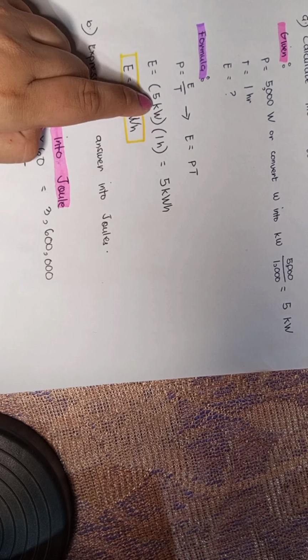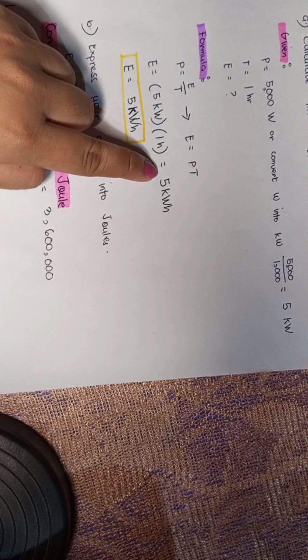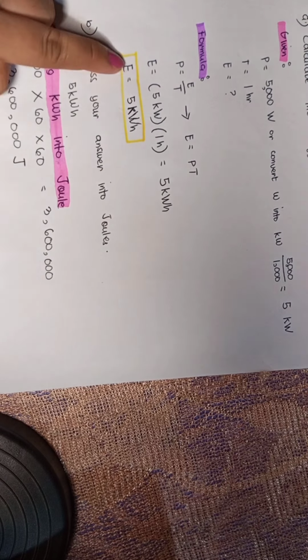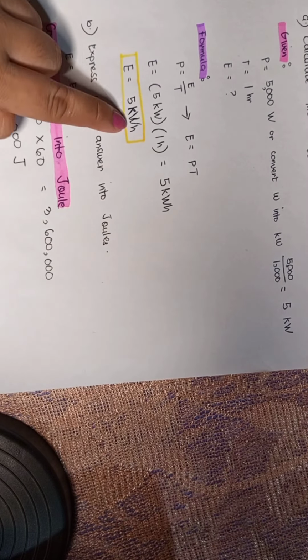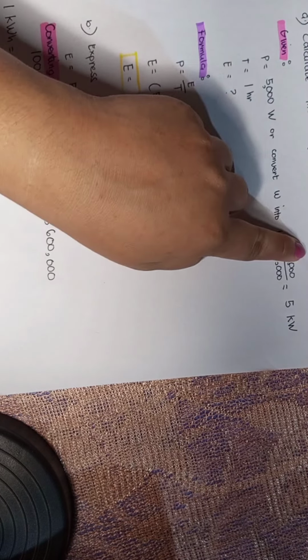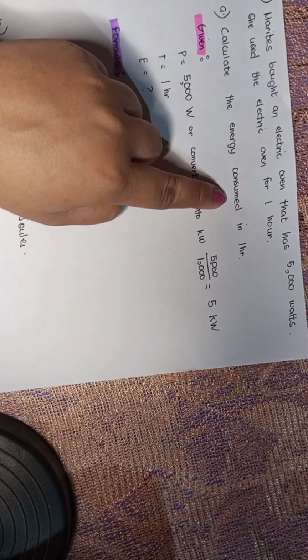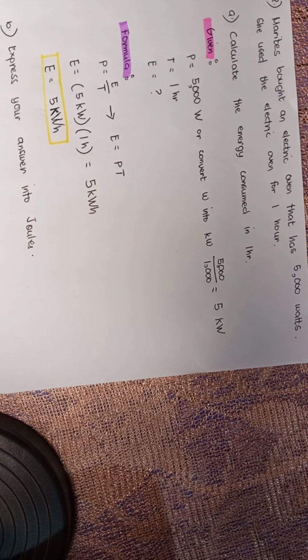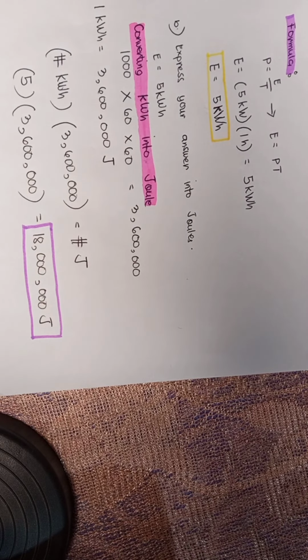So 5 kilowatts times 1 hour is equal to 5 kilowatt hours. So the value of energy is 5 kilowatt hours, which is the energy consumed in 1 hour. Now let us proceed to the letter B problem in number 2.